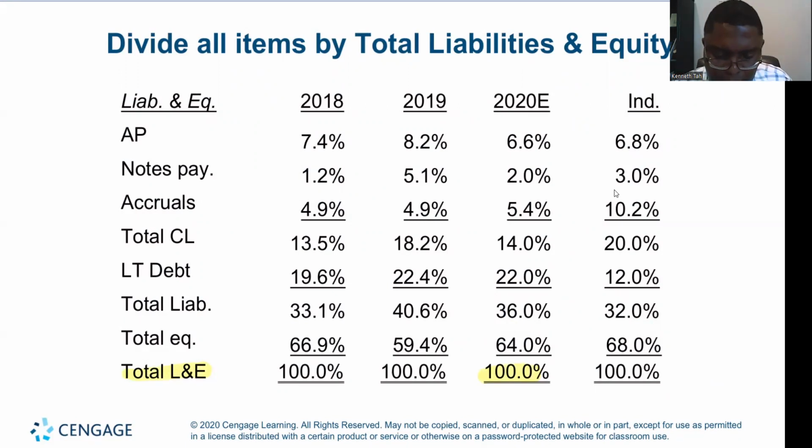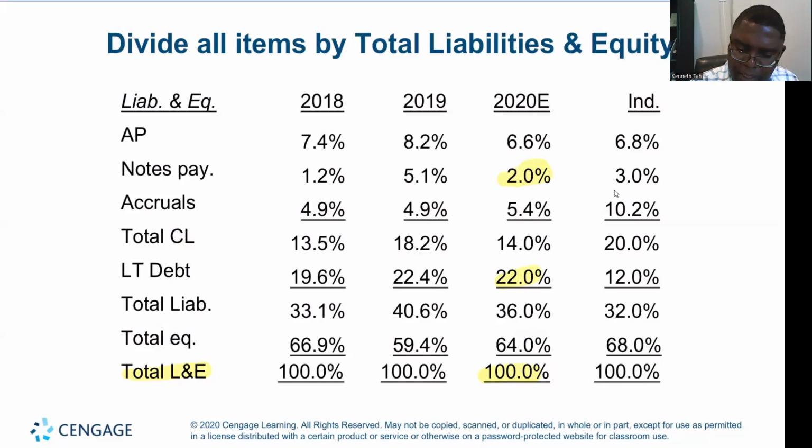So this is the liability side of the balance sheet. We can look at some things. We can see that if we add this and this, which is note payable and the long-term debt, we will find that the total debt is 24%.